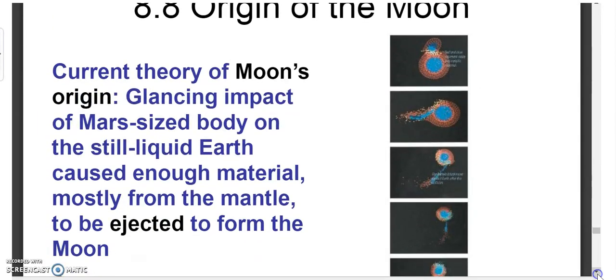Let's see. Where did the Moon come from? All right, so we think that there was a giant object, of course not Mars, but it had to be about the size of Mars, in the very early stages of the solar system, like 4 billion years ago, something like that, where this object collided.